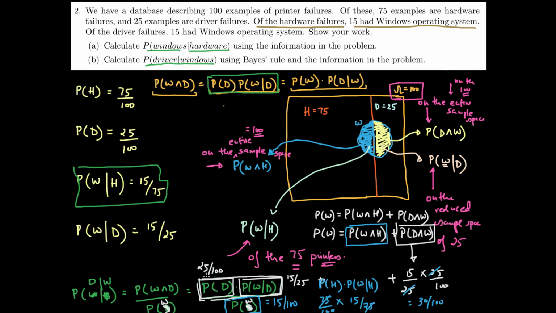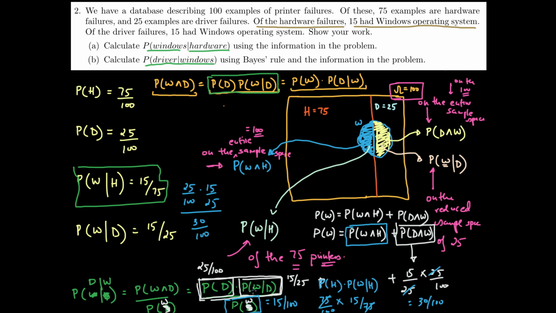Now on the numerator I had 25 over 100 times 15 over 25, where 25 and 25 cancel off. Let's rewrite it slightly more cleanly over here. On the numerator I've got 25 over 100 times 15 over 25, and on the denominator I've got 30 over 100.